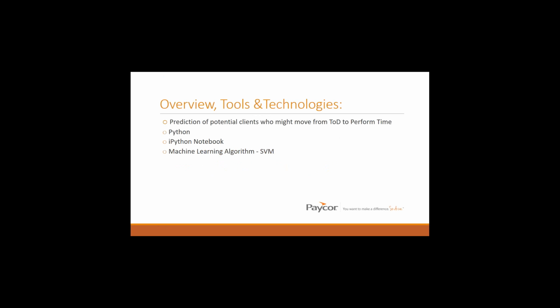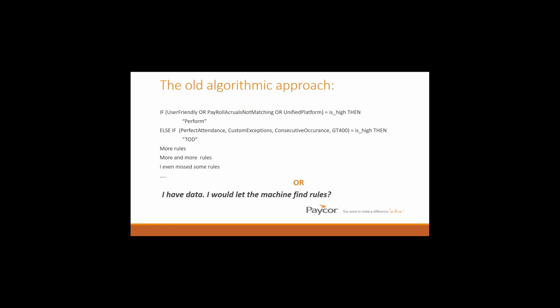So we are using Python, an IPython notebook, and a machine learning algorithm, SVM. Let's see what we traditionally do. In the good old days, we would write an algorithm where we say, if user-friendly has a high score, or unified platform has a high score, this is the reason you will go to perform.